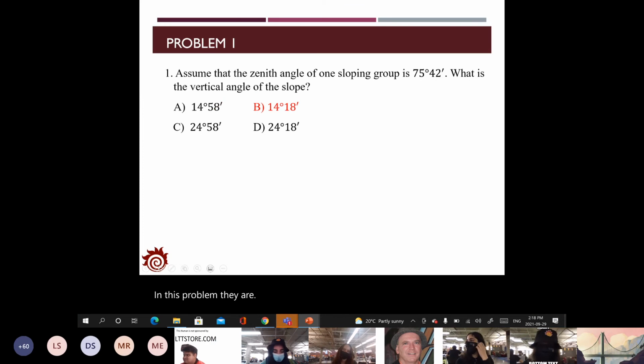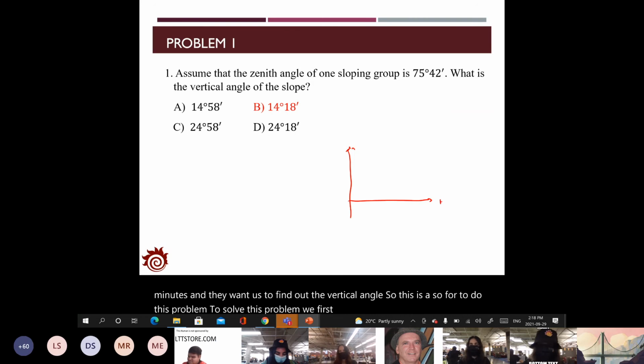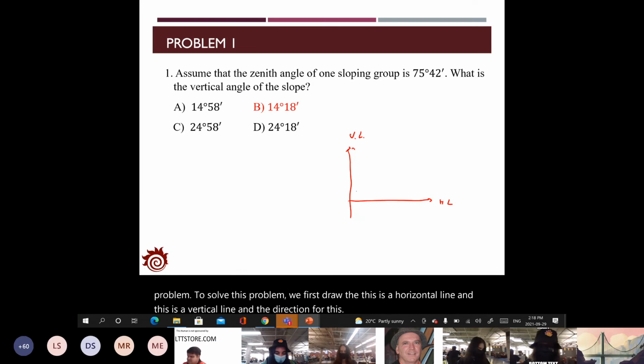we assume that the zenith angle of one sloping ground is 75 degree 42 minutes, and they want us to find out the vertical angle. To solve this problem, we first draw this horizontal line, and this vertical line, and the direction for the line.